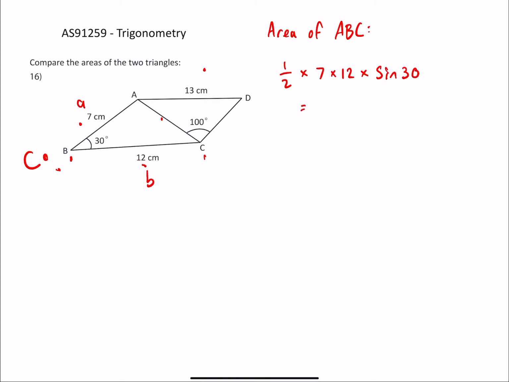I'm just going to quickly type that into a calculator, so 0.5 times 7 times 12 times sine 30 gives me an area of 21 centimetres squared. So I've found the area of ABC.